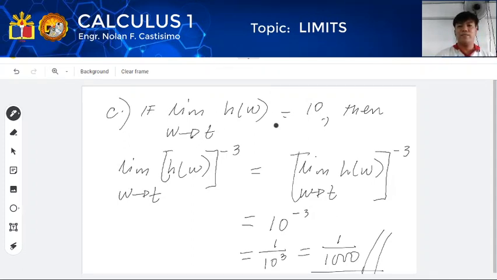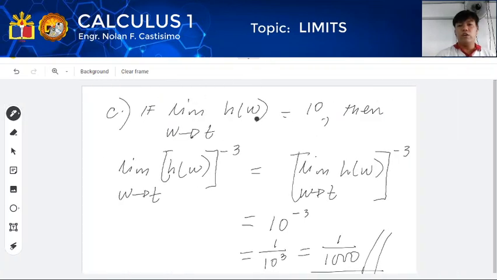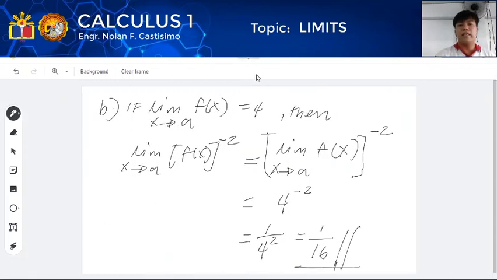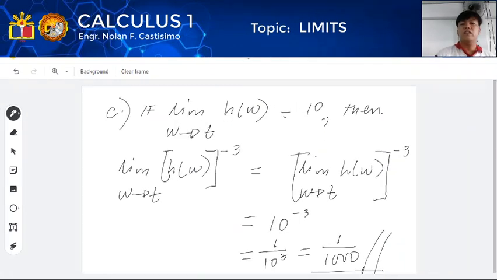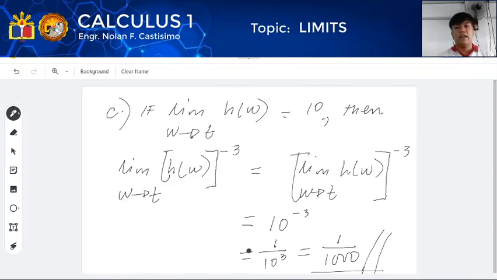Pero ganun lang yan. Ilang letters? 3. H, W, and T. Kasi yung H natin, yun yung F dito sa kabila. Yung W dito, yan yung X dito sa kabila. And then, yung T natin dito, yun yung A dito sa previous example. Limit of H of W as W approaches T.